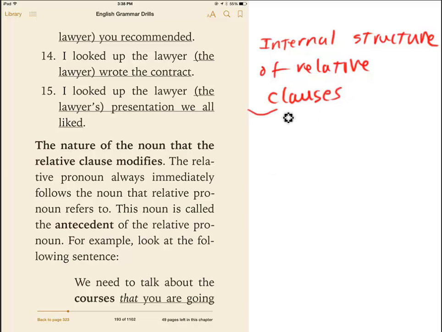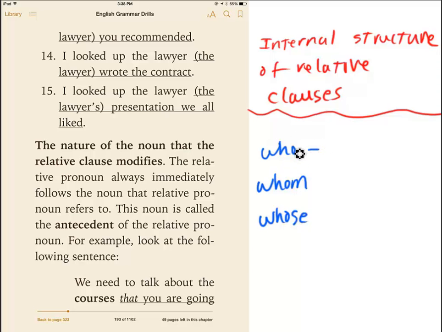If the antecedent is a noun, obviously, but if the antecedent is a person or has to do with people, we must use the relative pronouns who, whose, or whom. Actually, let's put them in the order we discussed them last time so we don't get confused. Who, whom, or whose.